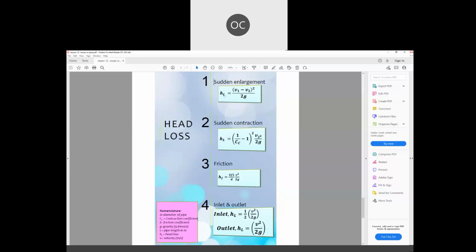HL equals V1, the velocity in pipeline 1, minus V2, the velocity in the larger diameter pipeline, in brackets squared, over 2g. That will be the equation involved. For this session, you just concentrate on the first one.